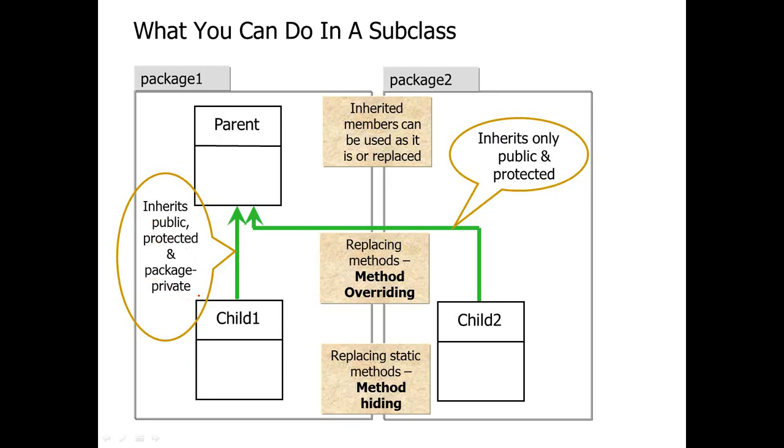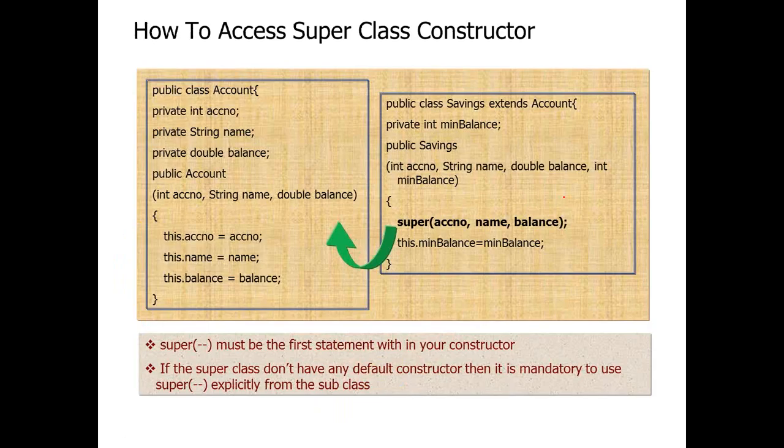And if you have parent and child in another package, you get public, you get protected. You don't get the package private. So that is the concept of using protected for your subclasses. I hope you are okay with that.